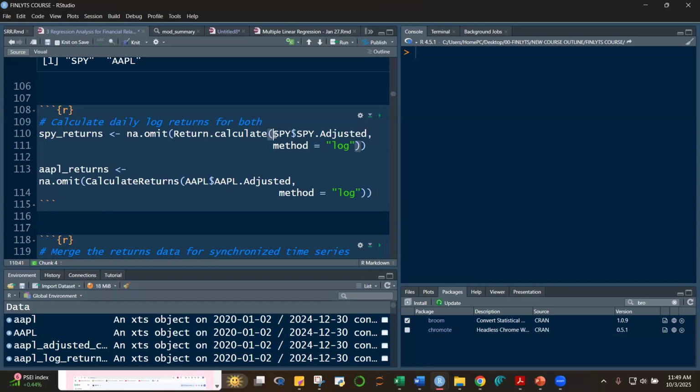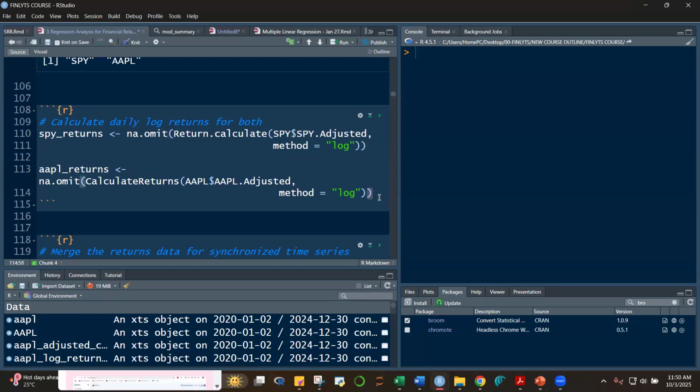From the SPY data set, we want the SPY adjusted, and we want the continuous returns, log returns. So this is pretty straightforward. I'm sure you understand this already because we have been exposed to this in past lessons. So we're building up on what we have been learning.